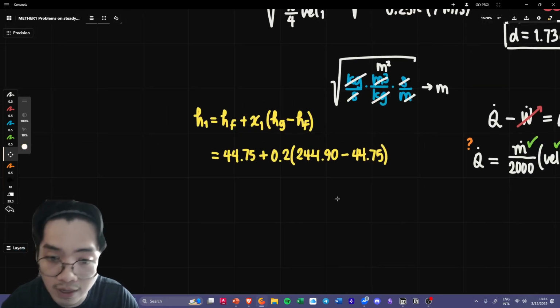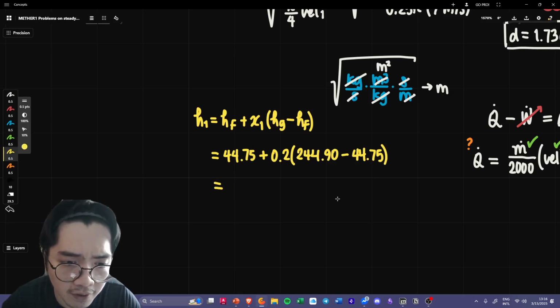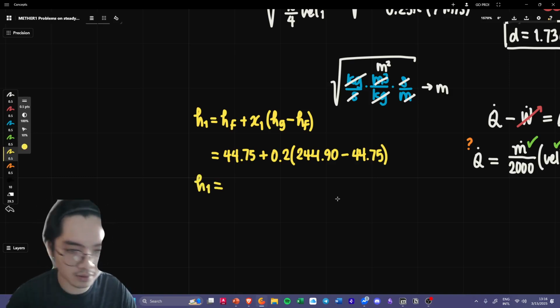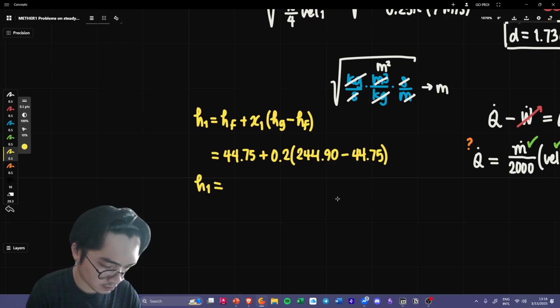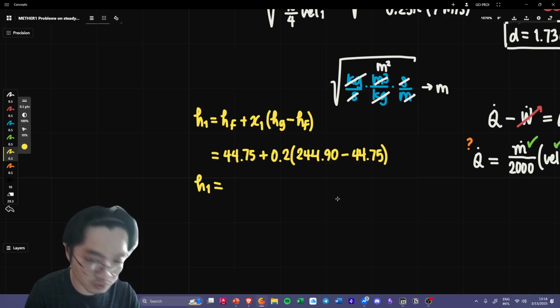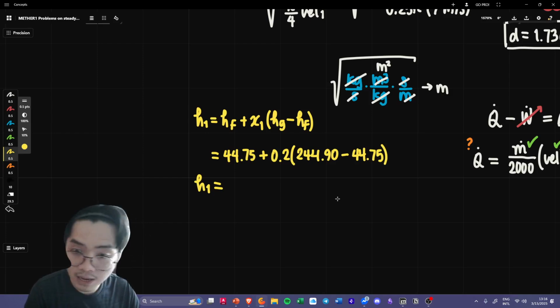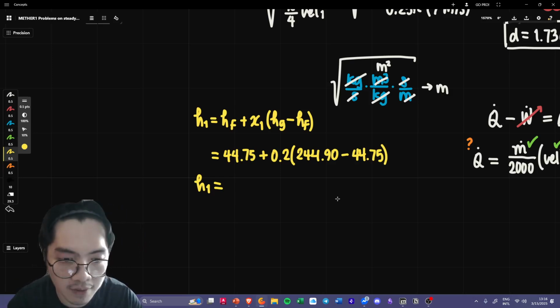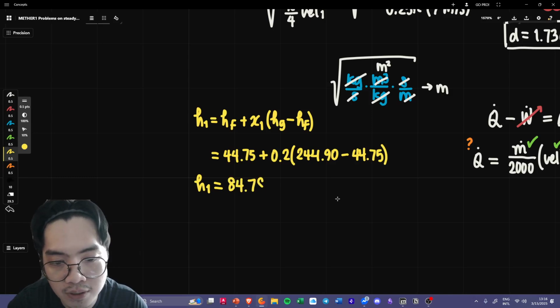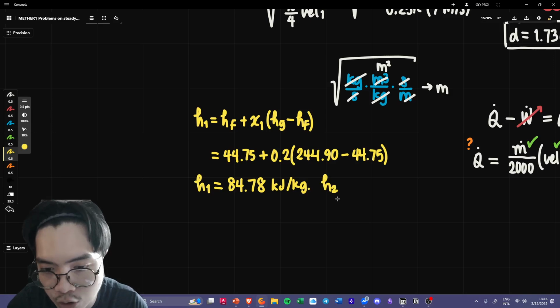Therefore, you will have your value of H1, which is 44.75 plus 0.2 times 244.9 minus 44.75, that will be 84.78 kilojoules per kilogram. And your H2 is already here.